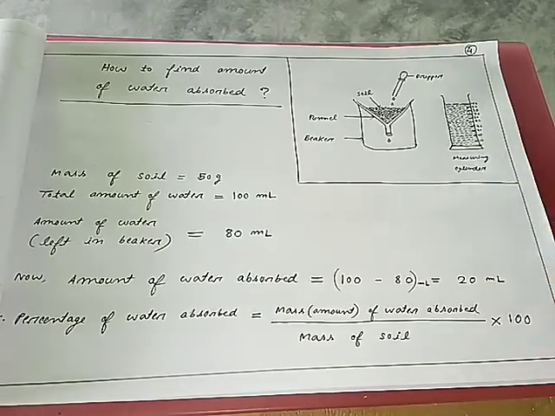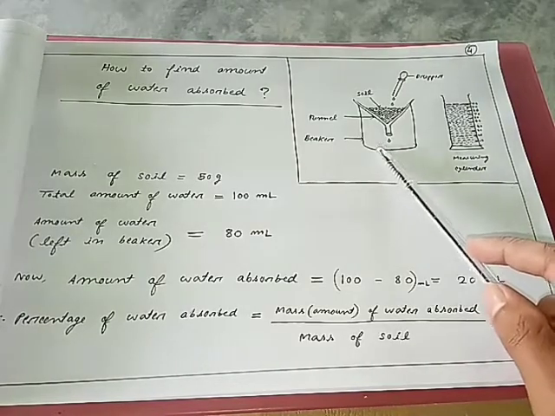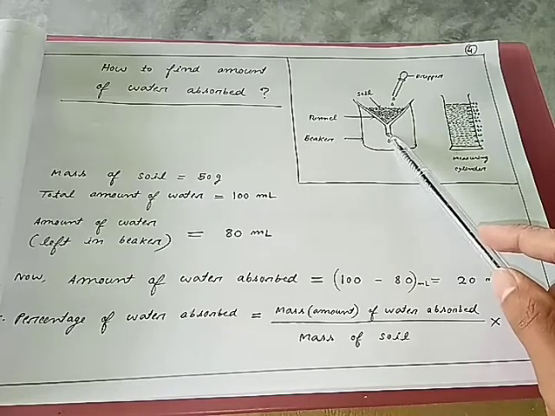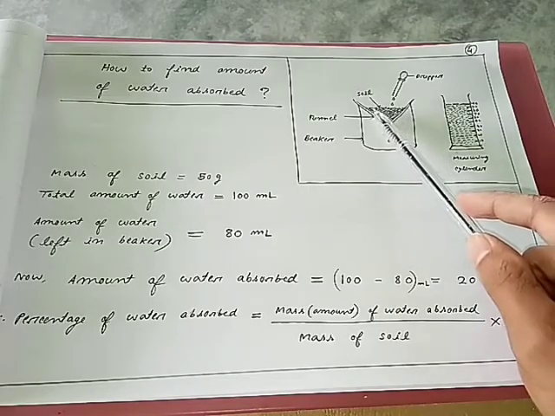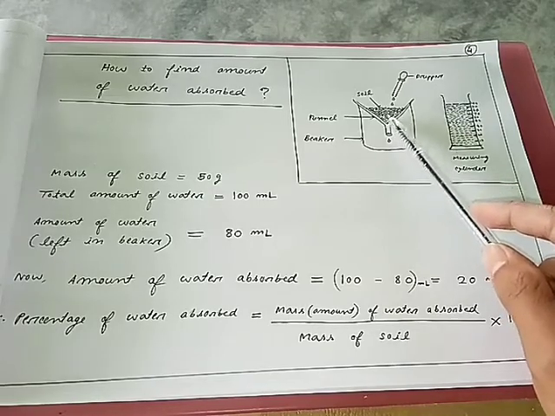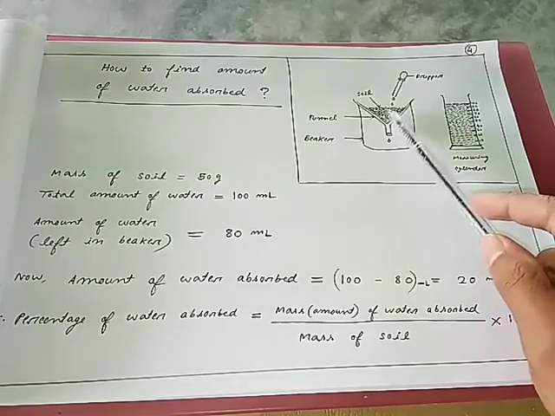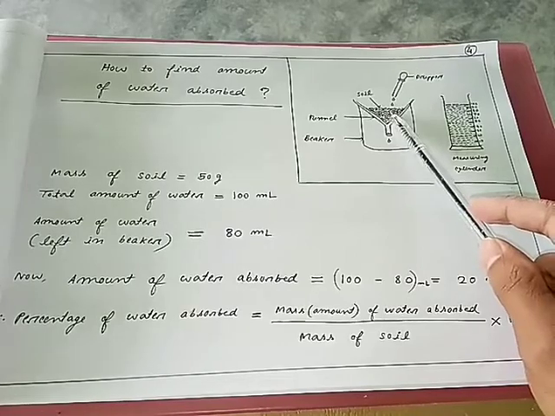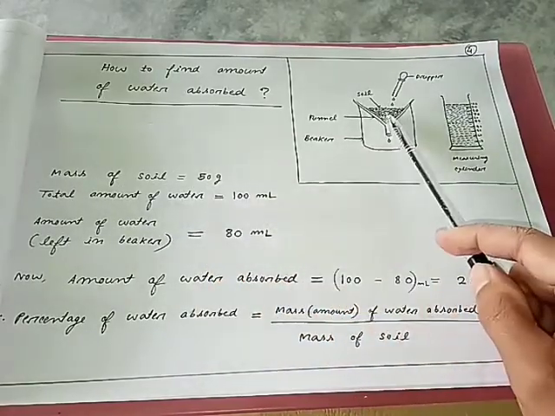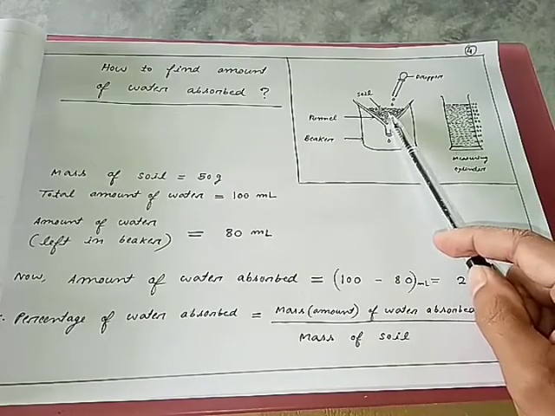Now this is a beaker, and this is a funnel. In that funnel, you are taking some soil, 50 gram soil. The mass of the soil is 50 gram.